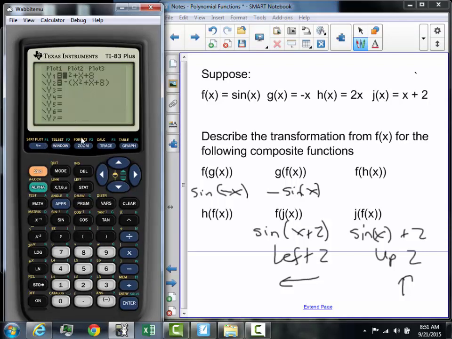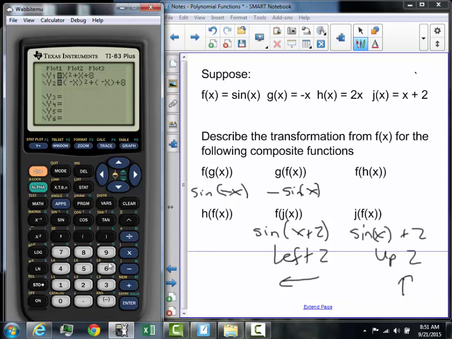One more time. What if I were to take that same function and make it bracket negative x squared plus negative x plus 8? What would that do? Flip it side over side.